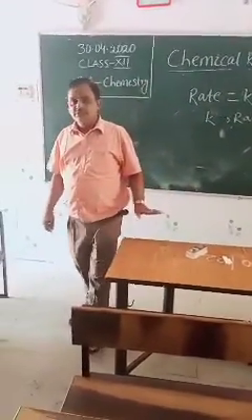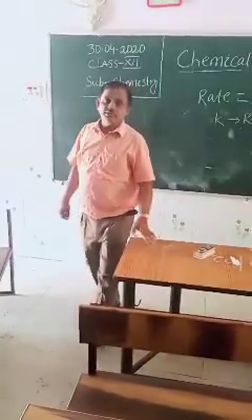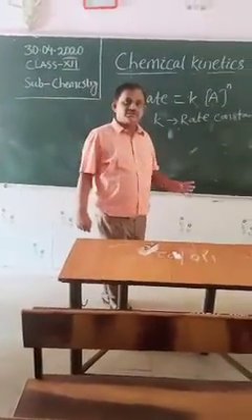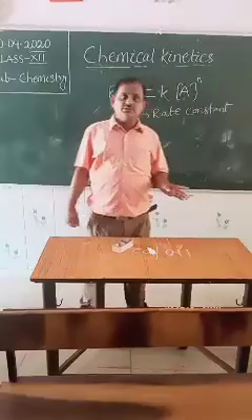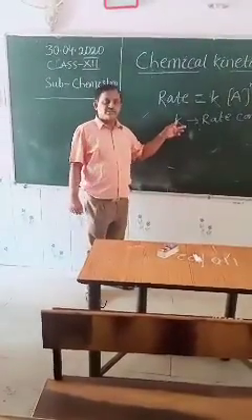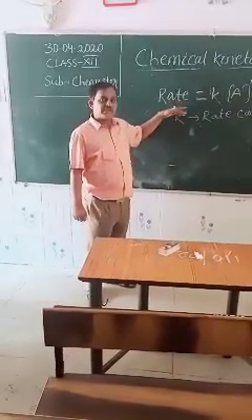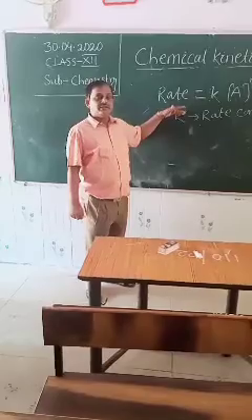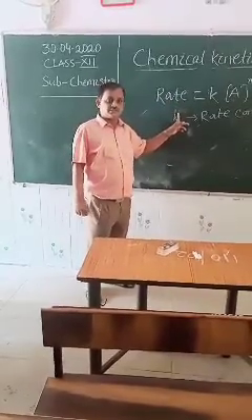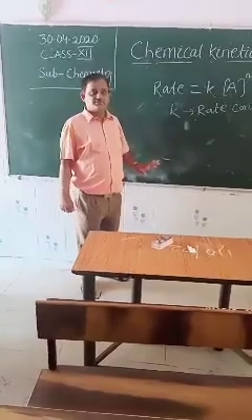Students, you know that some reactions do not take place at room temperature, but on heating the reaction takes place, because as the temperature increases, the rate constant k increases. That's why rate increases. So rate of reaction depends upon rate constant k, and k increases with increase in temperature. Therefore, rate of reaction also increases with increase in temperature.